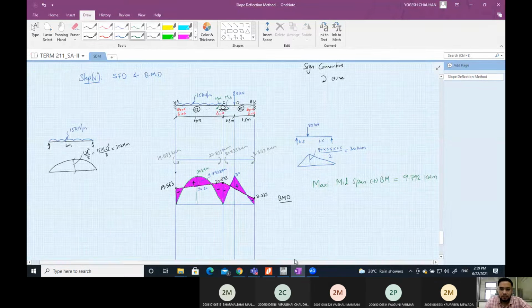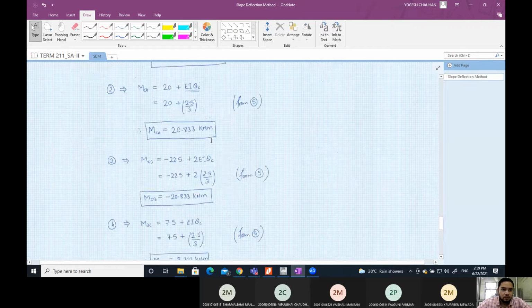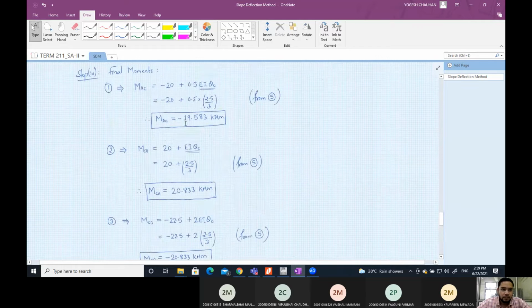Okay, let us just recapitulate the things we have covered. To draw the bending moment diagram this way, you first write down the bending moments along with their directions. So MAC is minus 19.583.